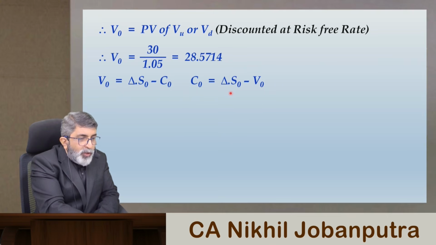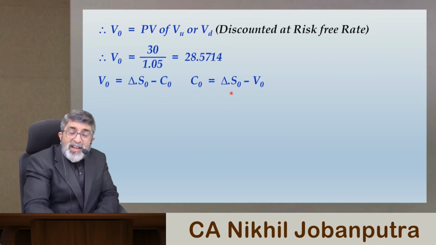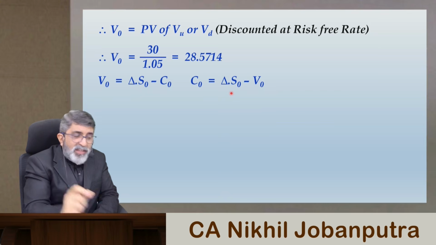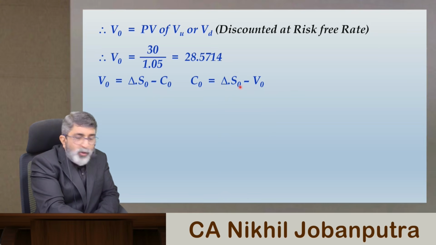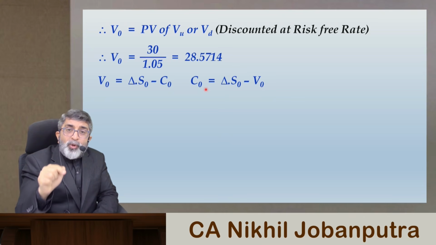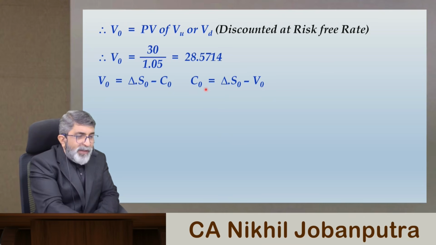So you have 0.25 shares. Presently the share is priced at $160. So 0.25 into 160 is this term, and this is your value of portfolio at present. Subtract V0, and you will get the balancing figure as C0. This can also be the approach used for determining the value of call.